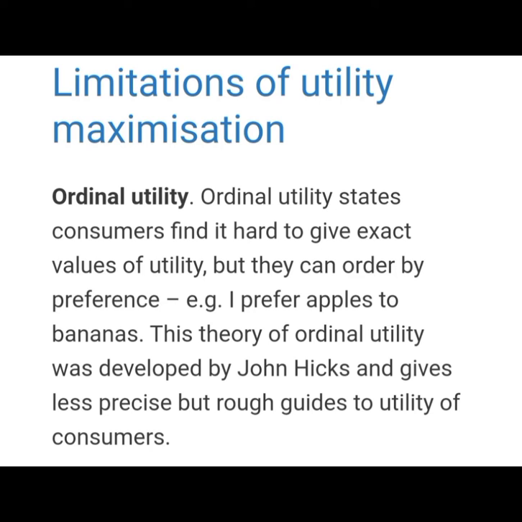All of the theory of consumer decision-making under conditions of certainty can be, and typically is, expressed in terms of ordinal utility. For example, you prefer buying instant noodles rather than cooking your own noodles, meaning you don't calculate the exact levels of utility upon deciding.